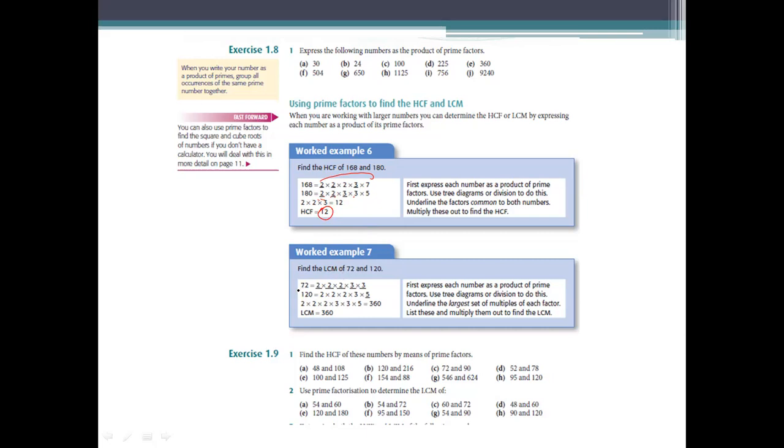If you look carefully, the prime factors of 72 are 2, 2, 2, 3 times 2, and 2 times 3. And here, the prime factors of 120 are 2 times 2 times 2. There's also 3 times 2.